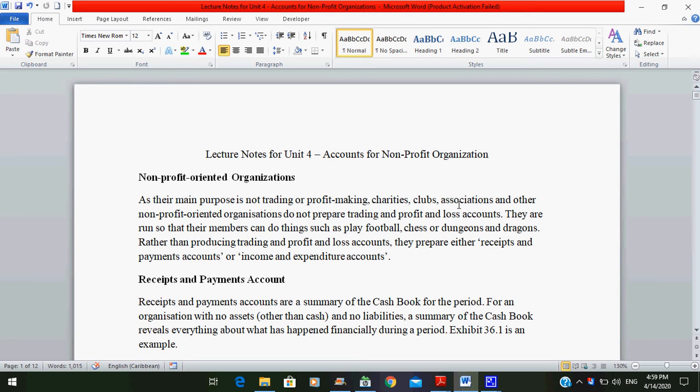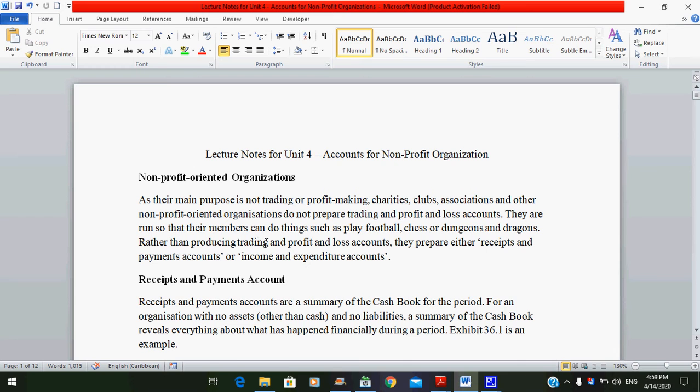First things first, as their main purpose is not trading or profit making, charities, clubs, associations, and other non-profit oriented organizations do not prepare trading and profit and loss accounts. They are run so that their members can do things such as play football, chess, Dungeons and Dragons.